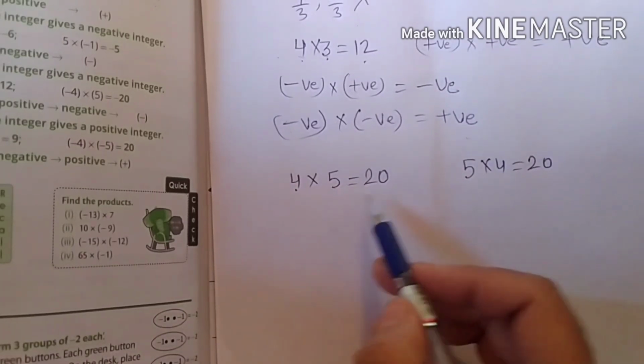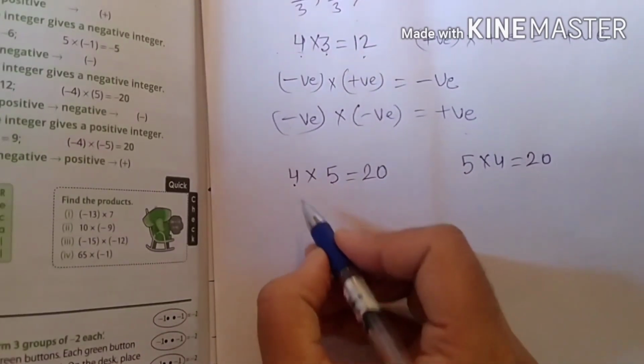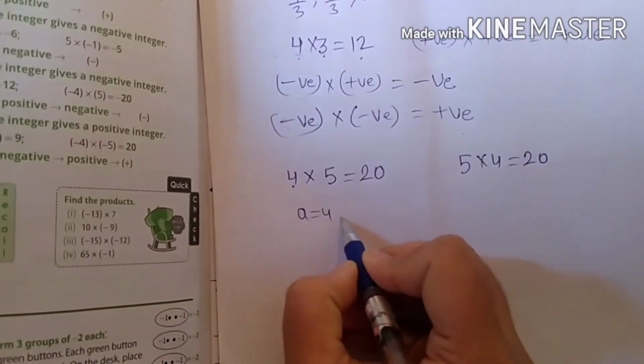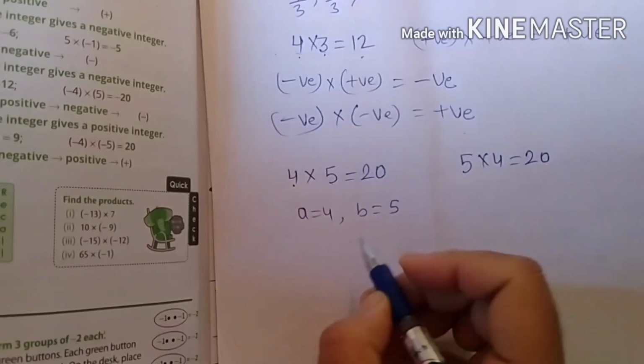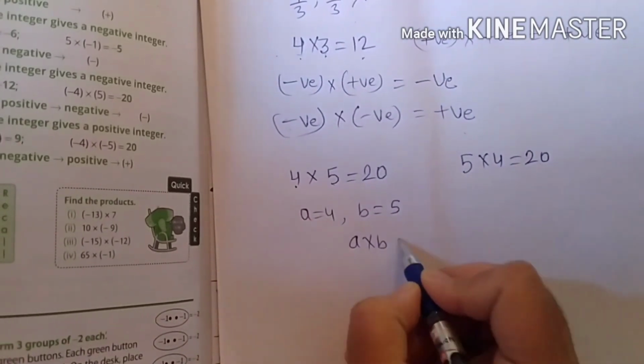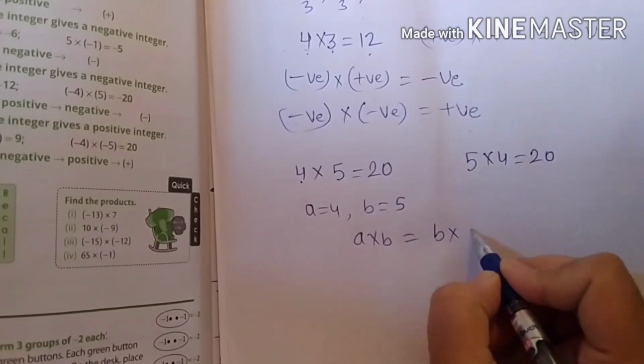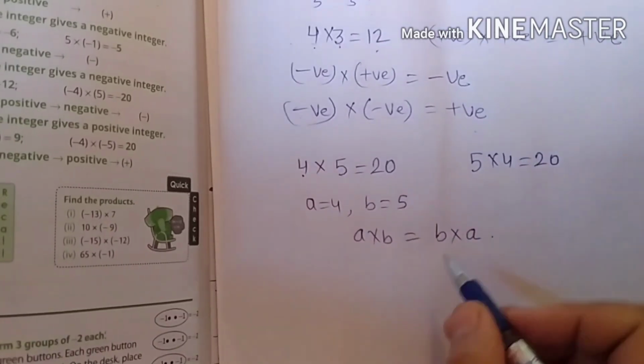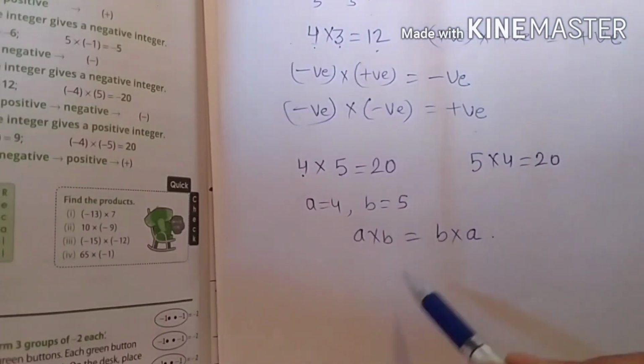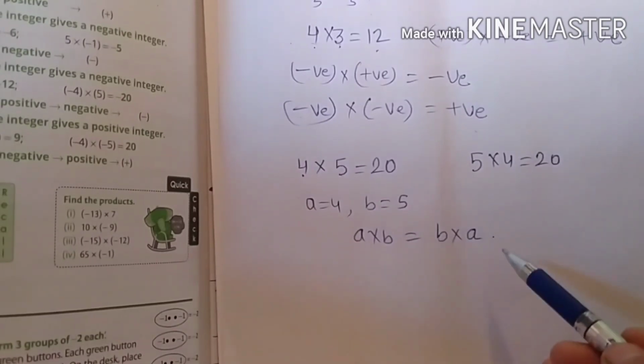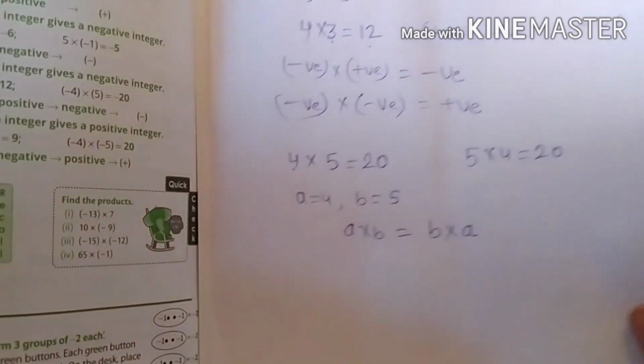So this is called commutative property. Suppose a is 4 and b is 5, then a multiplied by b is equal to b multiplied by a. Whatever the order you follow, no matter, your answer will be the same.